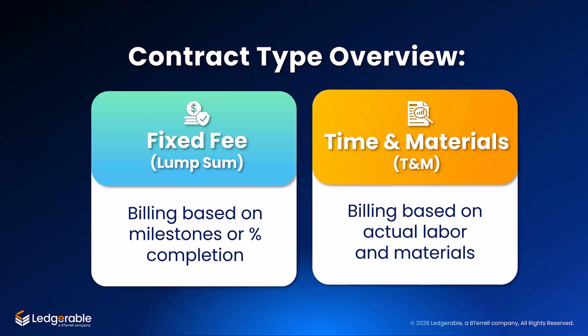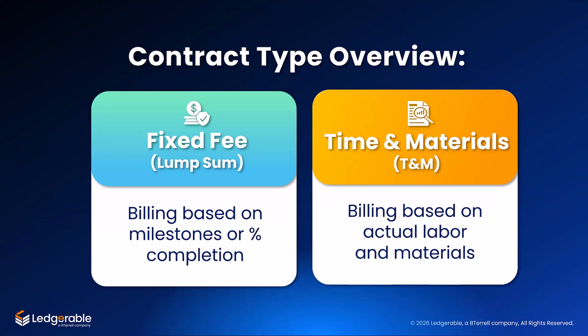Whereas with time and materials, billing is driven by actual costs, things like labor, materials, and markups. And these two behave very differently. With fixed fee, the focus is really on timing and structure of billing, since your revenue is fixed. With time and materials, it's more about capturing all billable costs accurately.